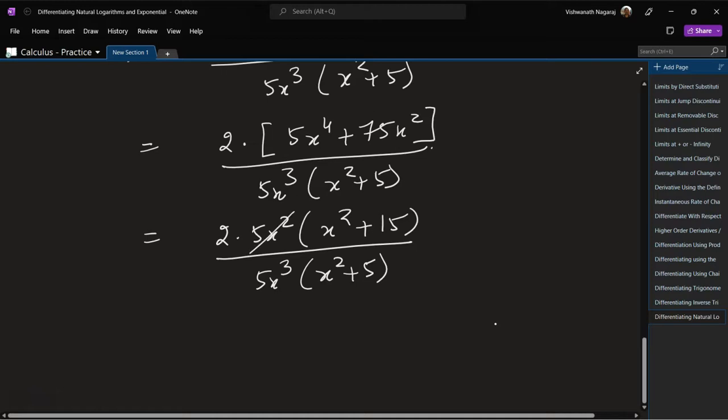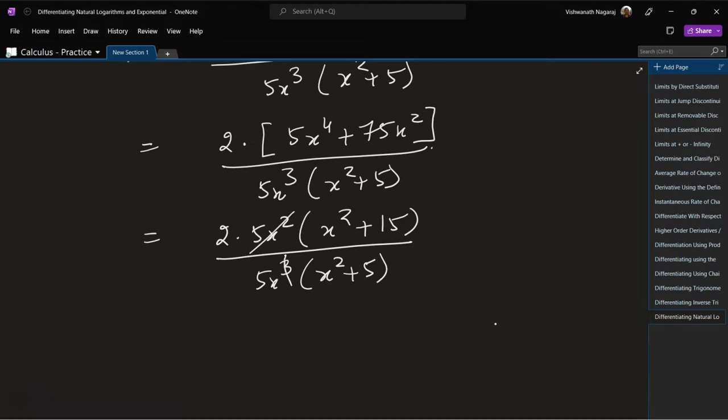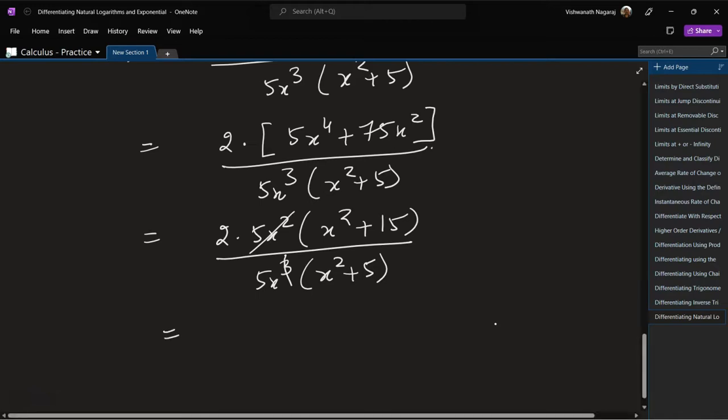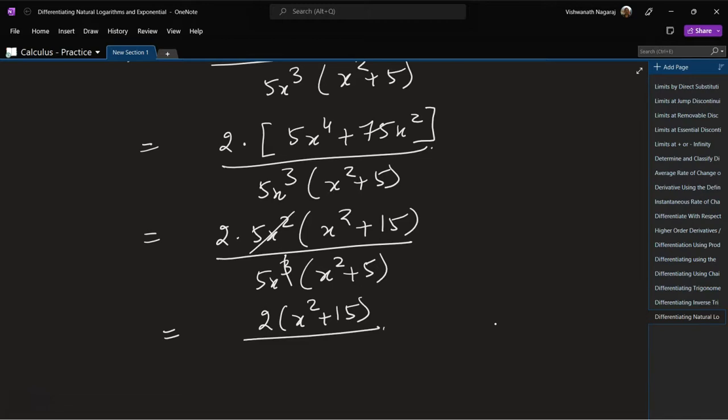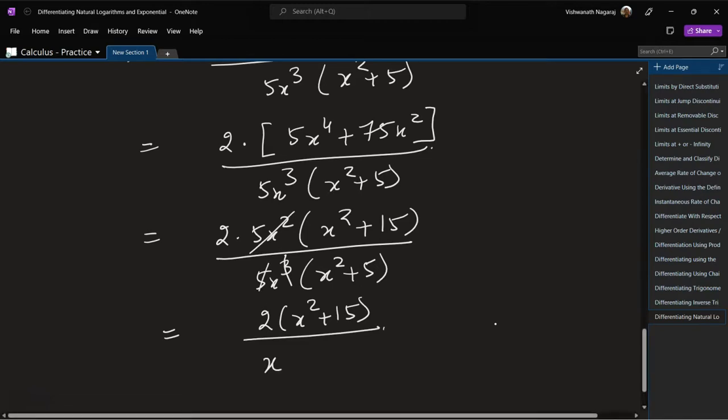So here 5x square and 5x square cancel out and we have 2 times x square plus 15. So here 5 also cancels, right? So we are left with x times x square plus 5. So that is the derivative.